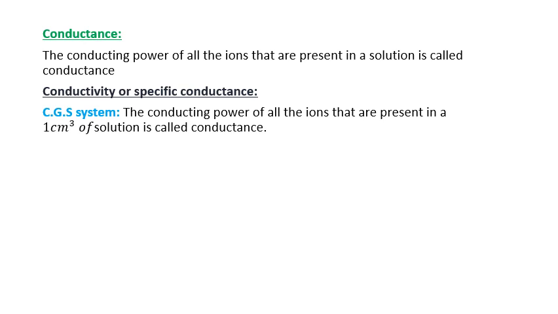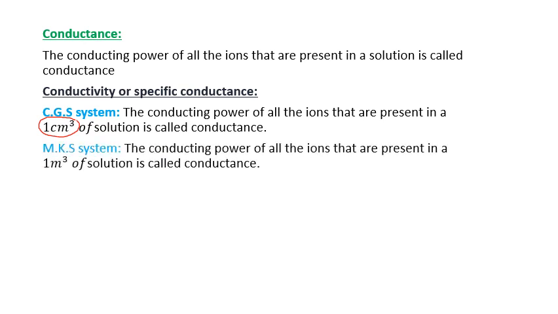Underline 1 centimeter cube of a solution. Next, the MKS system: the conducting power of all the ions present in 1 meter cube of a solution. In this case, underline meter cube. Just read the definitions.